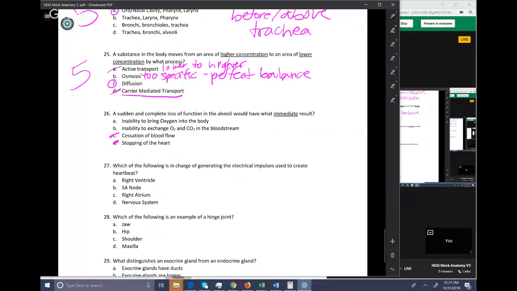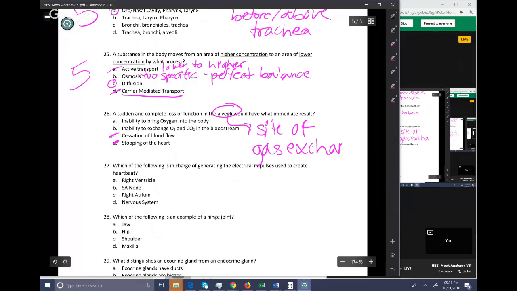In the case of the alveoli, we need to zone in and think, what is the alveoli's job? Just the alveoli, not the whole respiratory system, nothing but the alveoli. What do alveoli do? They are the site of gas exchange. They are where O2 and CO2 switch places. What's involved in that?